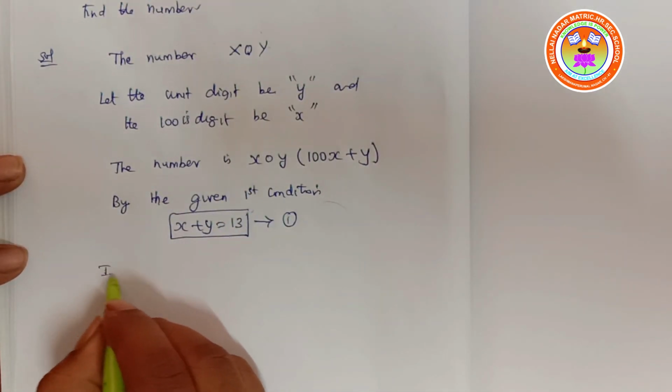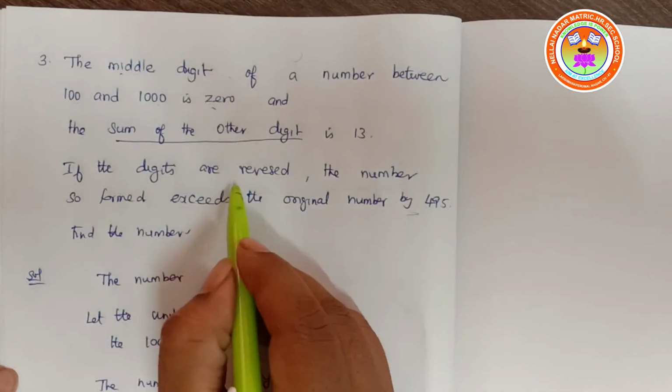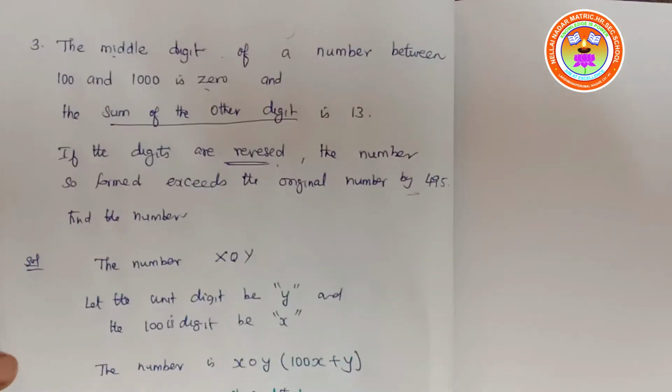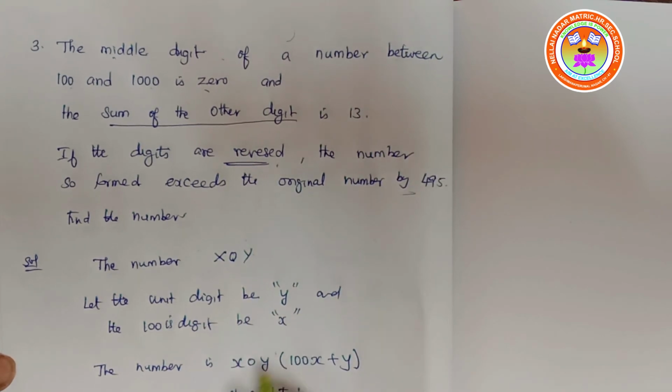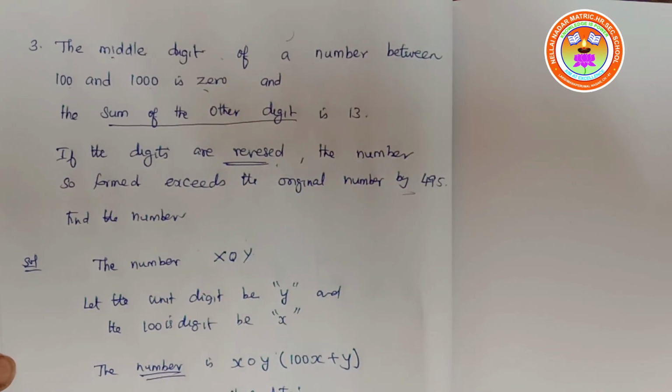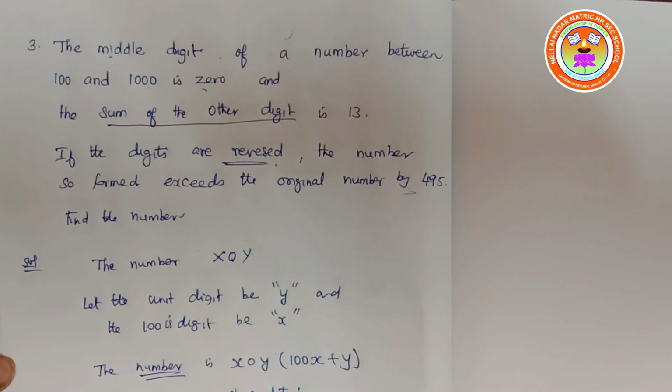What is given if the digits are reversed? If the digits are reversed, what will happen? The reversed number is 100y plus x.